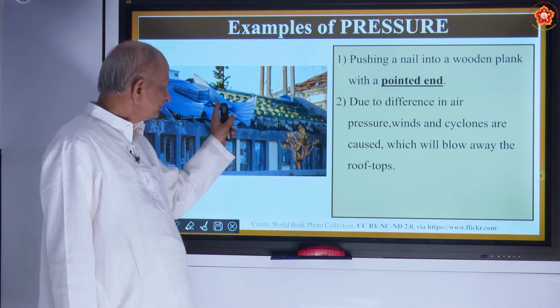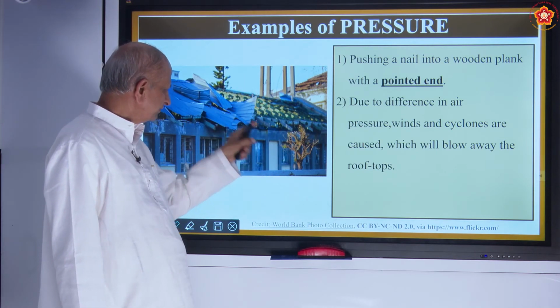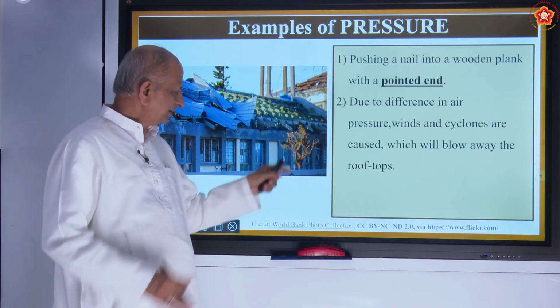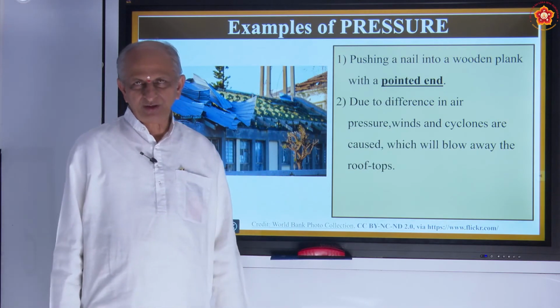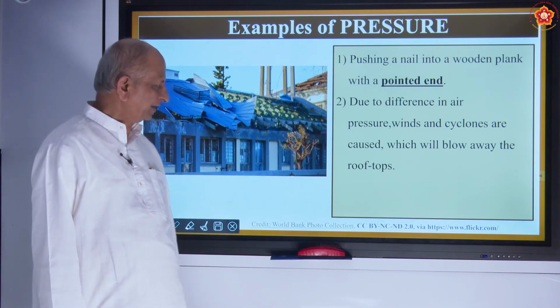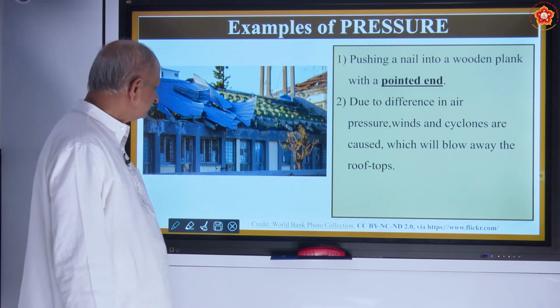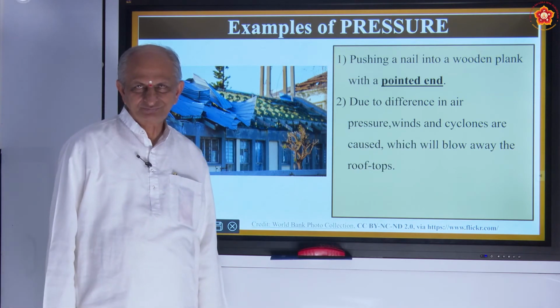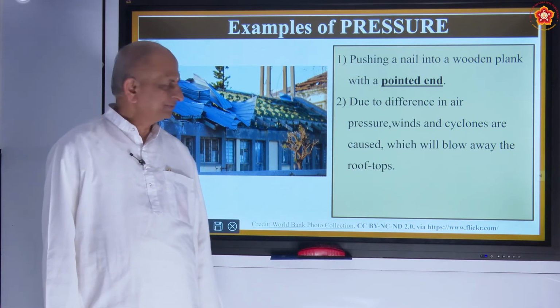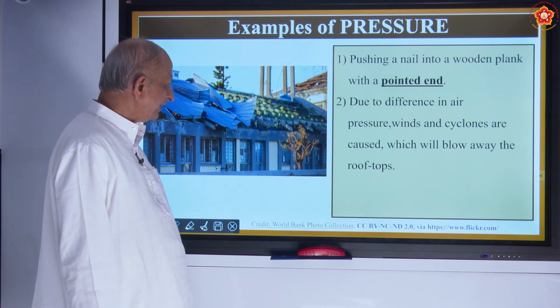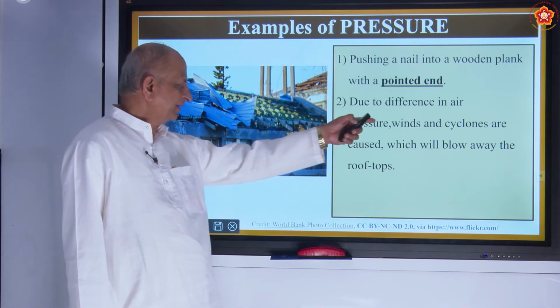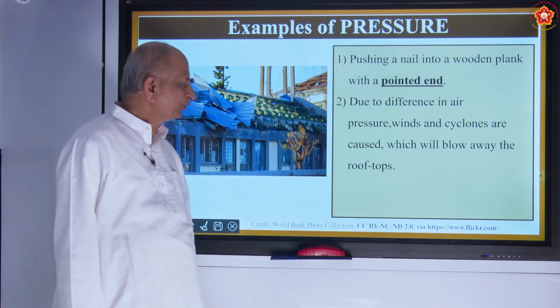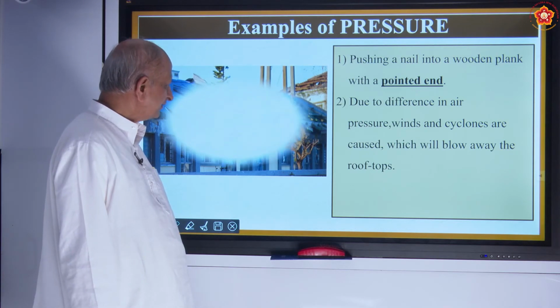See here, the roof is distorted, and the tree's branches are cut due to heavy winds and so on. So therefore, these are some of the dangers that you see in nature. Is it not? And why does this happen? It happens because of wind and cyclones. Okay.